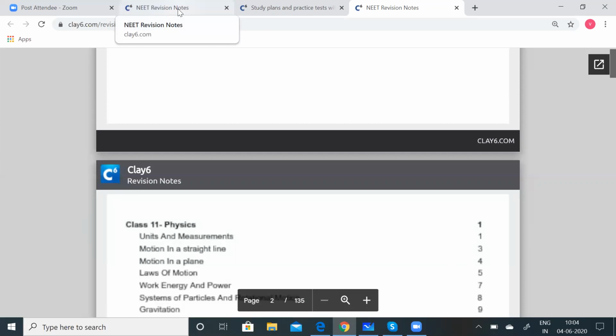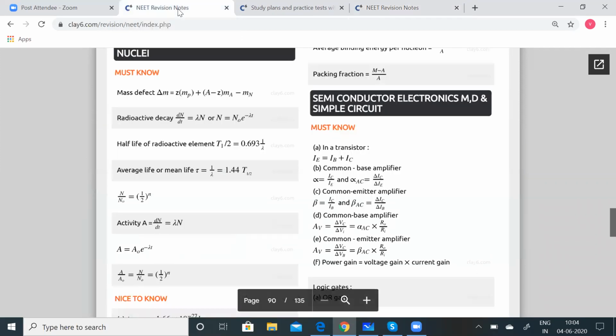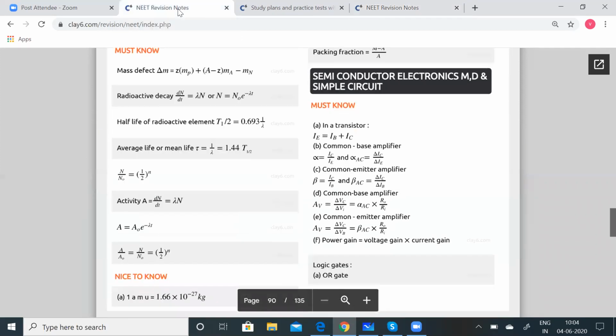Now let us go to the chapter Semiconductor Electronics and Simple Circuits. Semiconductors have much higher resistivity than metals. The temperature coefficient of resistivity is both negative and high.